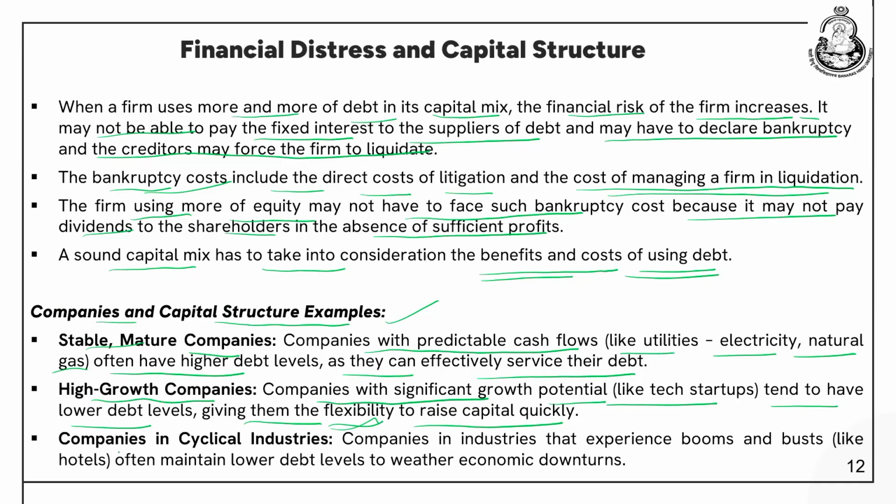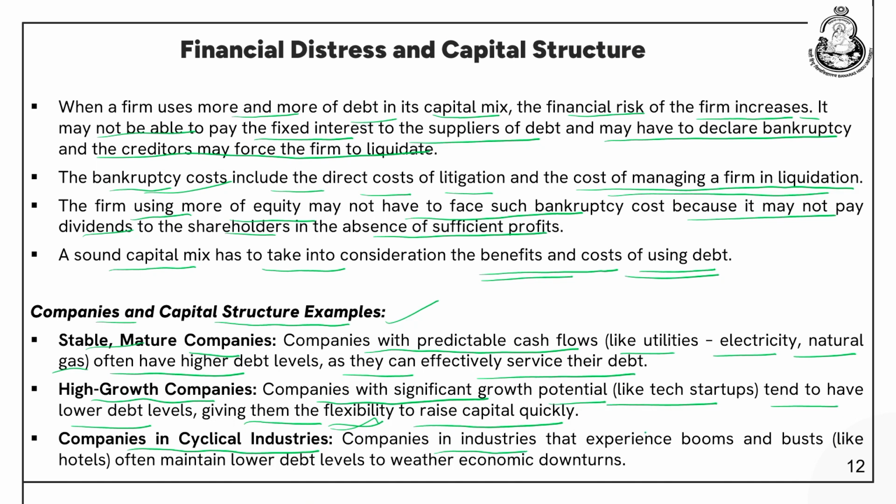Companies in cyclical industries, what are cyclical industries? Industries that vary, sometimes they have seasonal variations. Sometimes there is demand, the sales will go very high, and when there is no demand, the sales will go down, it will decline. Like hotels, during peak season, you'll see a lot of occupancy in the hotels, and during off seasons they are vacant, right?